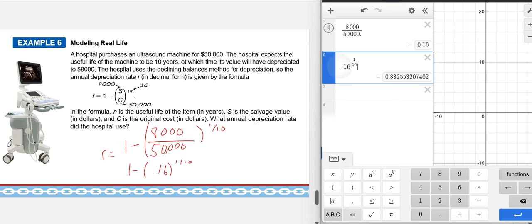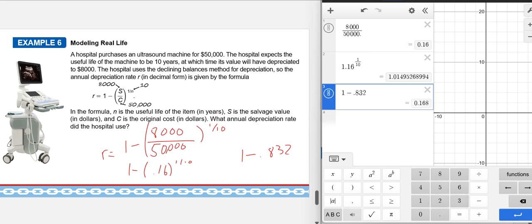I could even put that up here in the 1, in my 1 minus. So I'm going to get 16.7%. If I left it here, I would get 1 minus 0.832.